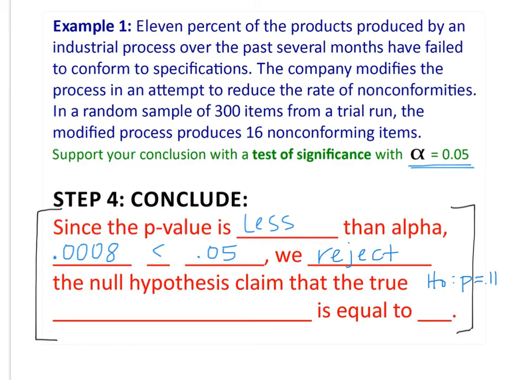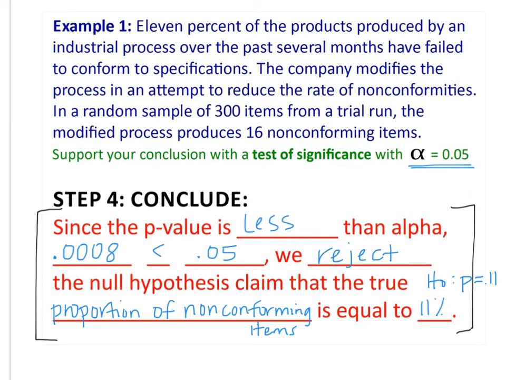So if I put that in context, I can say we reject the null hypothesis claim that the true proportion of non-conforming items is equal to 11%. So if we reread that with our pieces, it says since the p-value is less than alpha, so I compare what I got for the p-value with the alpha level given to me in the problem.